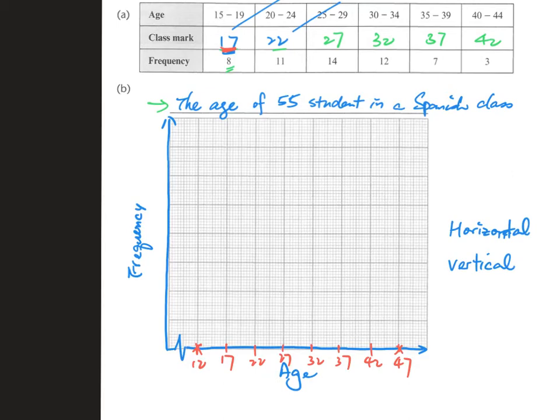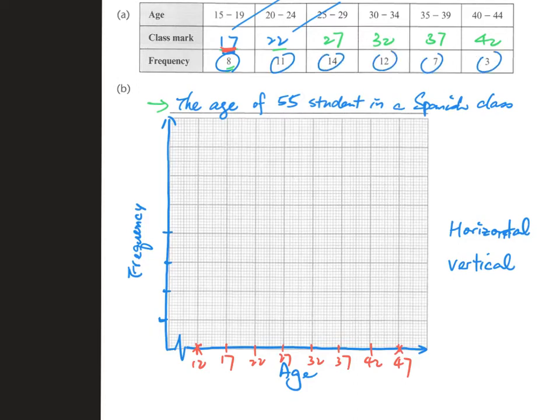And next, we are going to label the frequency on the vertical axis. It may be 5, 10, 15, 20. It may be like 10, 20, 30, 40, etc. So it should be based on the frequency you are talking about, so that you can decide the numbers by yourselves. And now I find the frequency is 8, 11, 14, 12, 7, and 3.